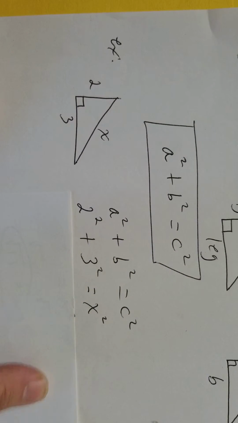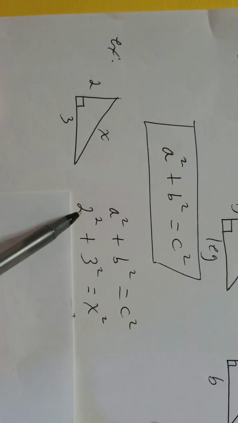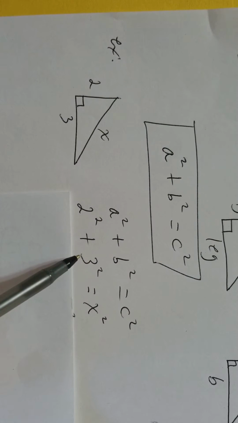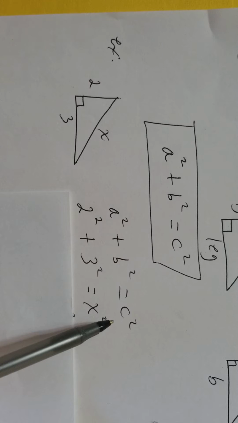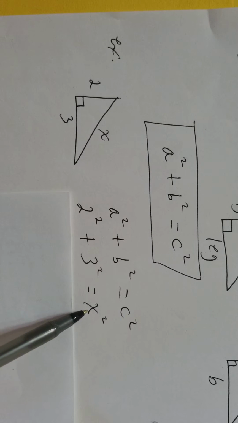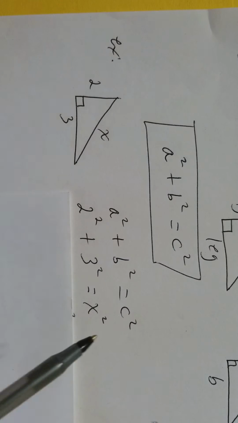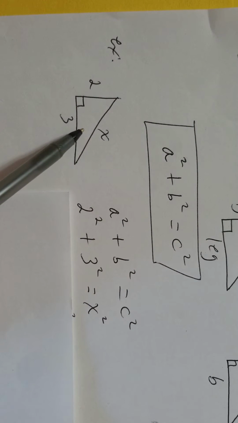The legs are A and B, it doesn't matter which one is 2 and which is 3, because you're just going to add them anyway. The hypotenuse we don't know. I'm calling it x squared and not c squared because in this particular problem they call it x.